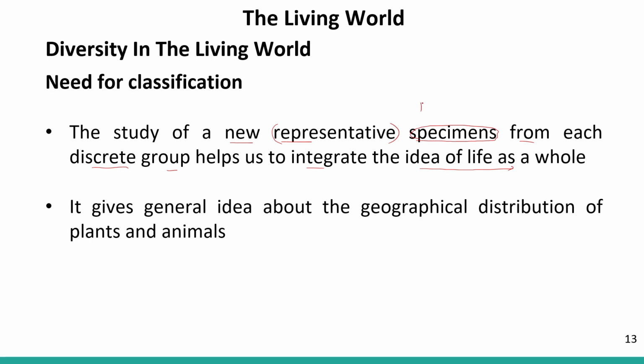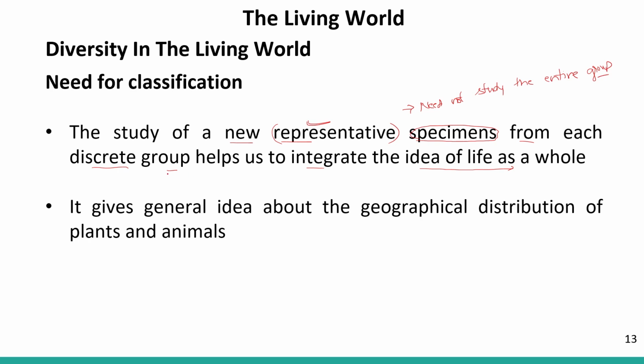So we need not study the entire group. We can study only the representative specimen, and that will give you an idea of the entire group.